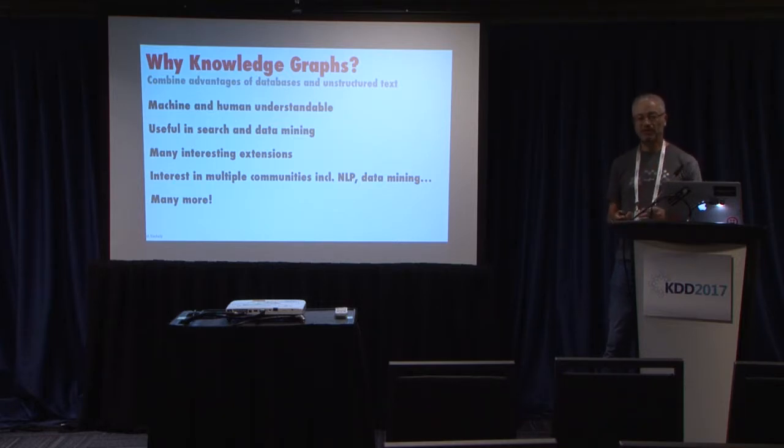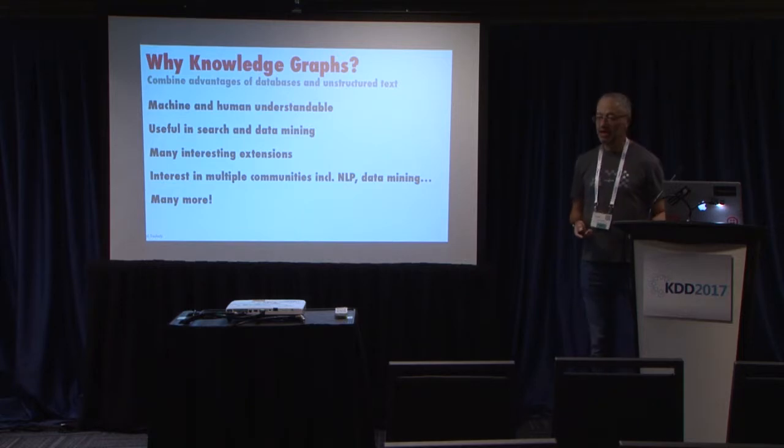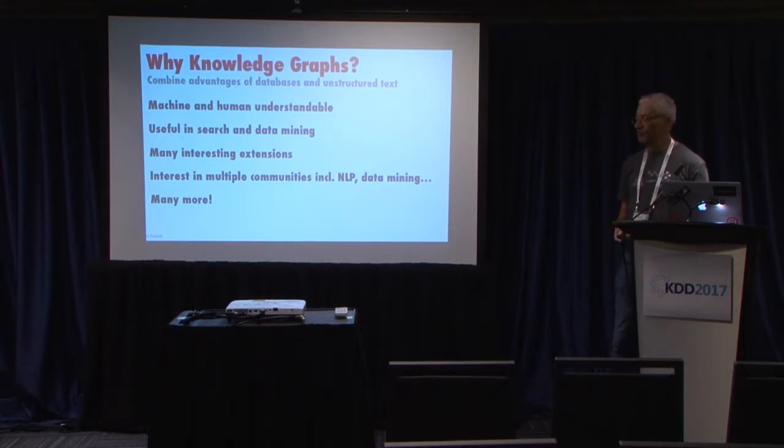So if you take this encompassing view that anything that has structure and links is a knowledge graph, even if it doesn't have an OWL ontology, then you're in a happier place, I think, doing very exciting work.